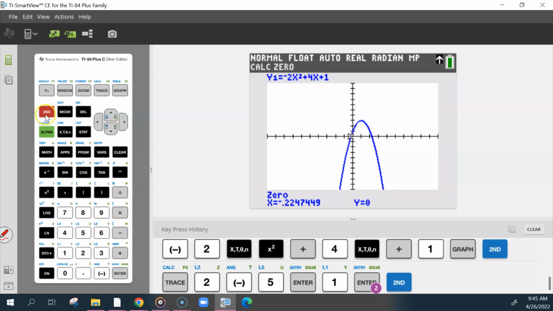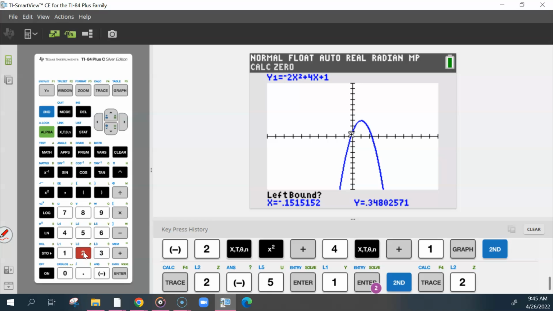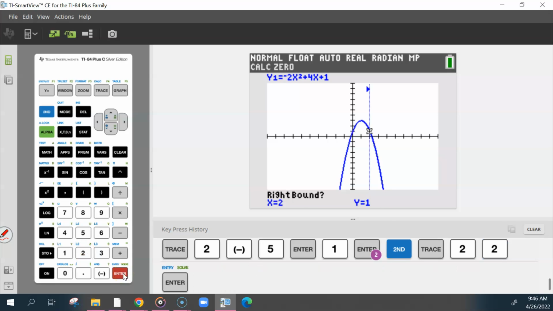So go back, second trace, go back to zero, but now we're focusing on this one. So we need something to the left of this that doesn't go past the first one. 2 would work. Be careful when it's really close like that, because sometimes it gets weird, but 2 should still work just fine.